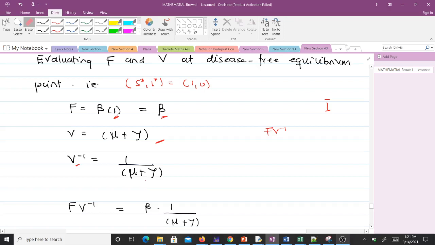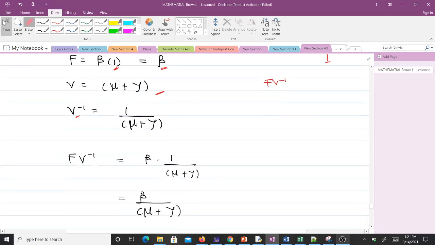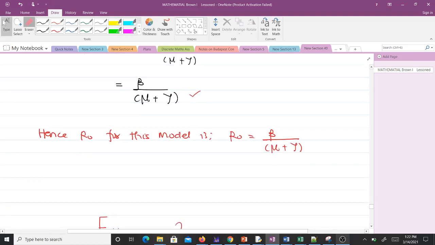Then the product of F and V inverse will give us beta times 1 over mu plus gamma, which is beta over mu plus gamma. And this corresponds to our R naught. So using the next generation matrix, the R naught for this model is R naught equals beta over mu plus gamma.